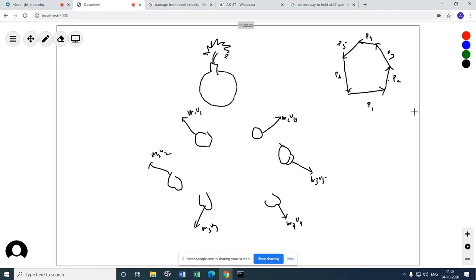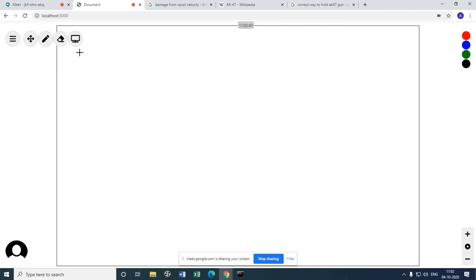Sum of all the momentum is what? 0. Clear? Sum of all of them is 0, because they will cancel. Clear? This is also your homework.